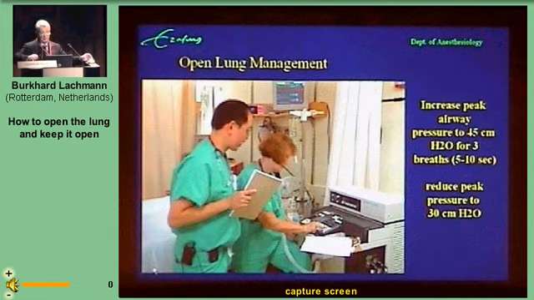Please increase the peak pressure to 45 centimeters of water, but only for 3 breaths. 3 breaths, okay. The whole procedure should not last longer than 10 to 15 seconds. And then go back to 30 centimeters of water, wait a few seconds, and then please tell me the figures for the arterial oxygen tension.